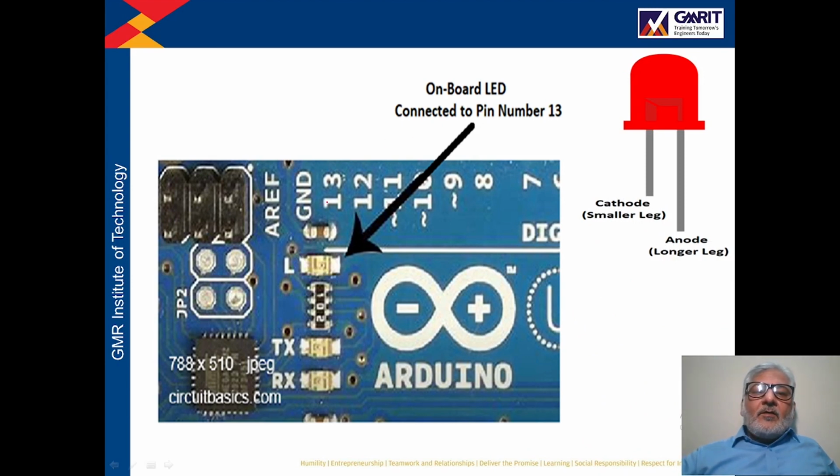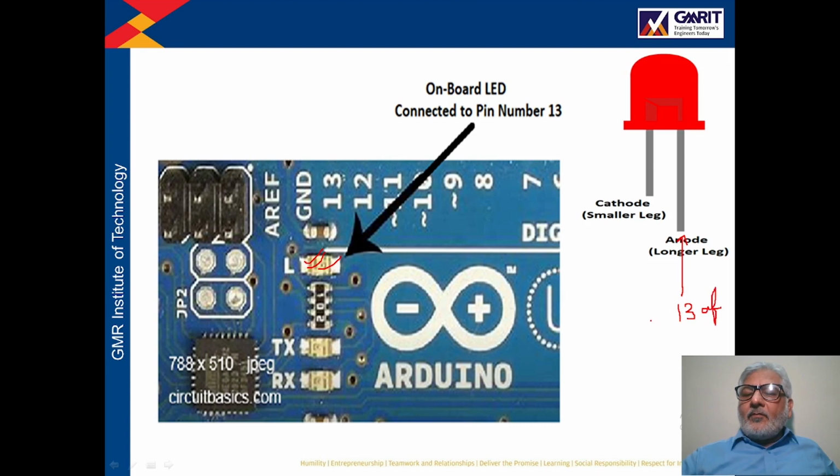So now internally this LED is connected with pin number 13 in such a way that the anode terminal of this LED, this is an onboard LED, is connected to pin number 13, right?